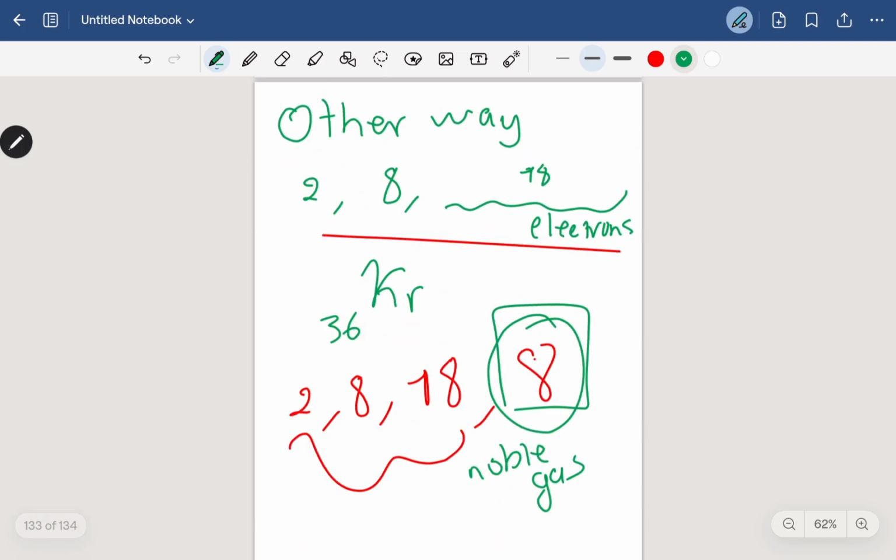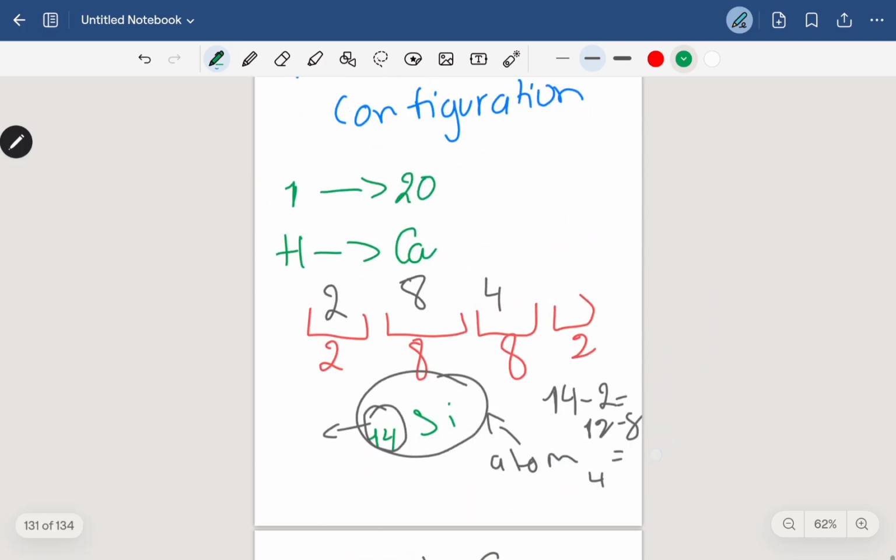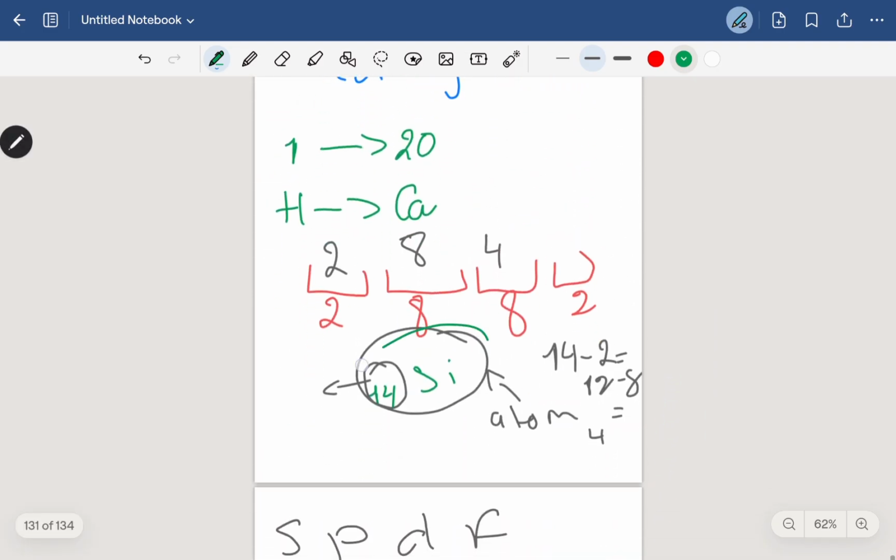Now if I go back to the electronic configuration we did for Si, which is silicon, we need to find which row or period silicon is in. We're going to see how many shells it takes. So this is 1 shell, 2 shells, 3 shells. So silicon has 3 shells, or its valence shell is in the third shell. That means it will be in row 3 or period 3.